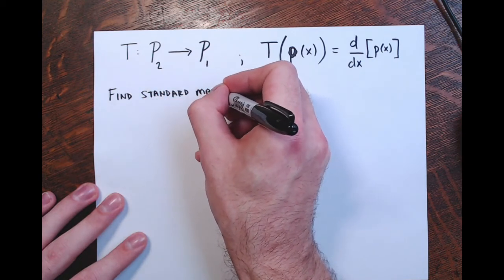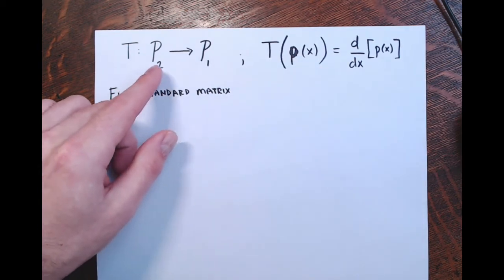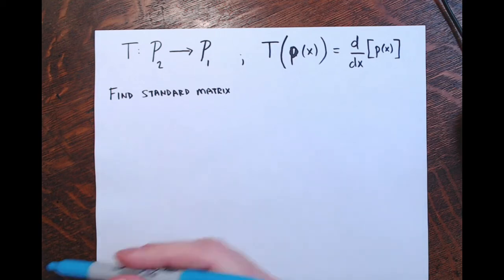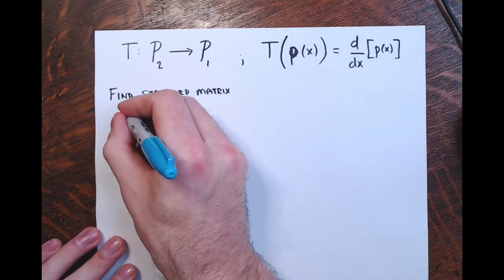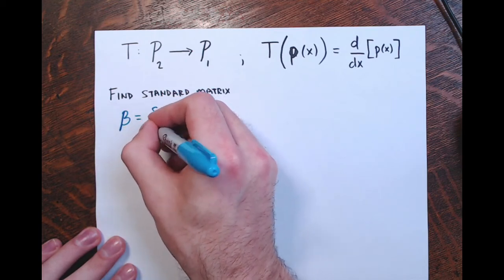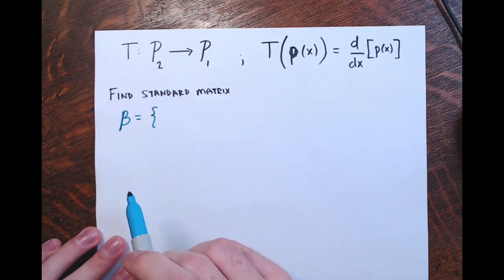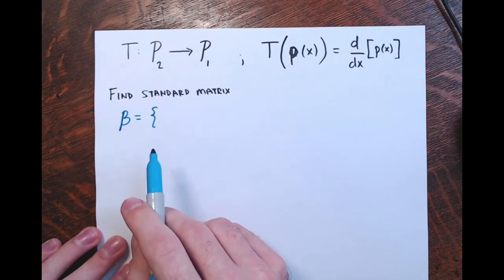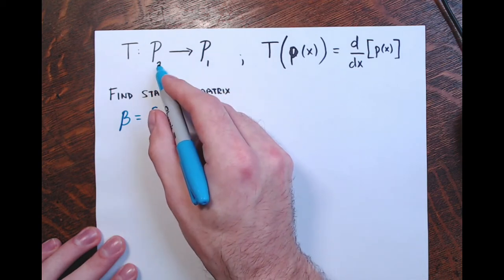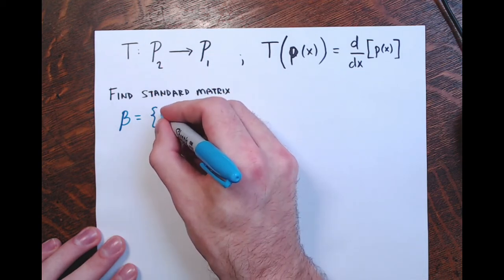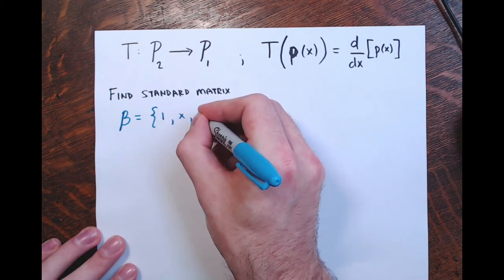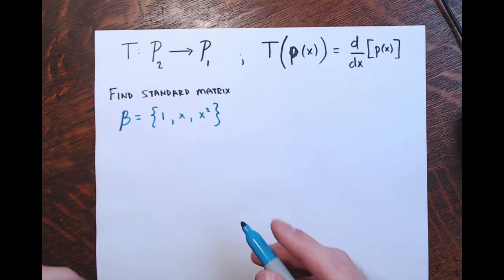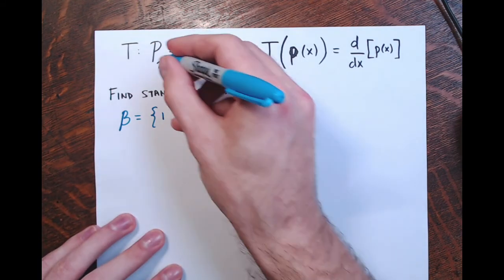In order to do that, I need a standard basis for each of the domain and codomain. So again, I'll have B be the standard basis for P2. Now this time I'll do it in the other order where I start with the constant first. It really doesn't matter. Every polynomial of degree 2 or less is some linear combination of 1, x, and x squared. So there's the standard basis for P2, the domain.